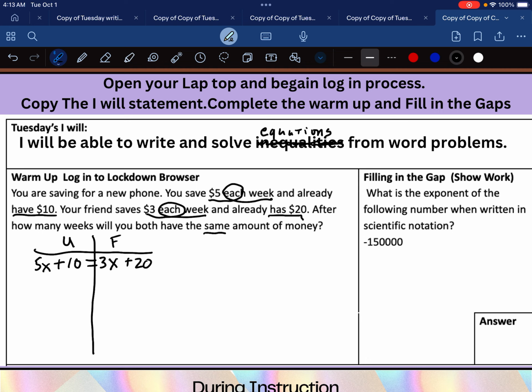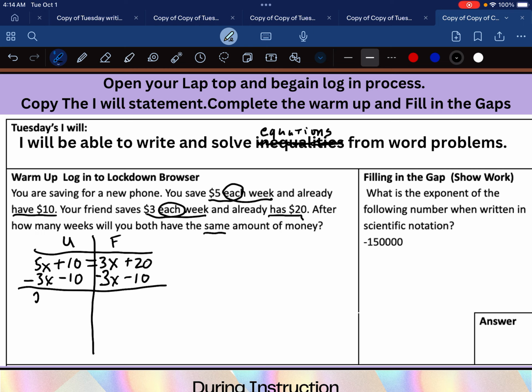All right. And now that we've got the equation, we solve for x. So minus 3x, minus 3x. That's good. Let's go ahead and move our 10 as well. Minus 10, minus 10.